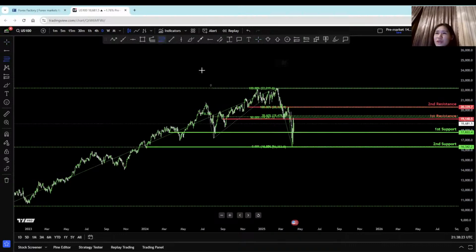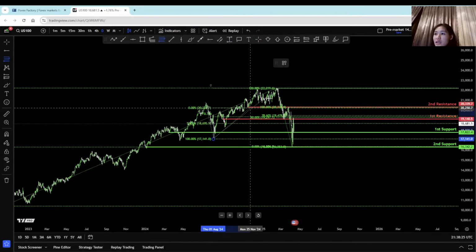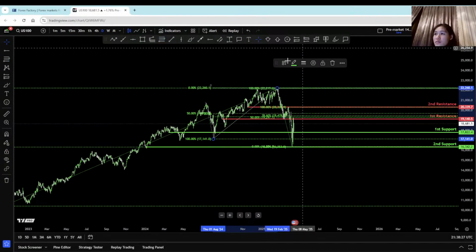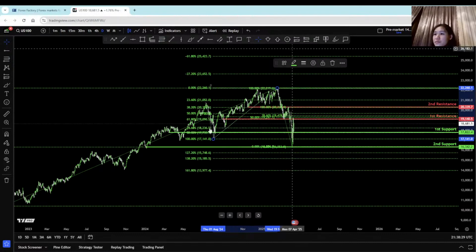I think we also have an inverted projection here. Okay, that 127, I'm gonna keep that.